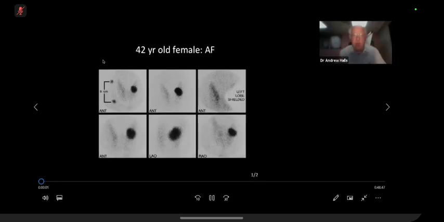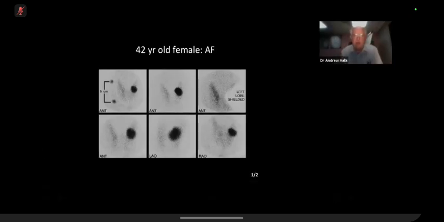Hopefully we're back all right. So this one I would like to ask again about. This is a 42-year-old female with atrial fibrillation. Have I got a radiologist there?